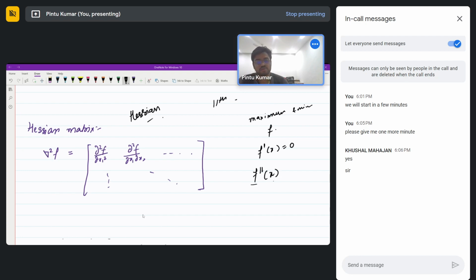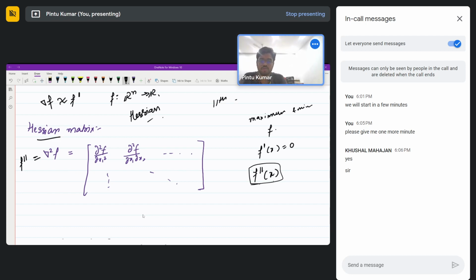So the double derivative was important in deciding whether your point is a maximum point, a minimum point, or a saddle point. The gradient of f is equivalent to the first derivative of your function if your function is from R^n to R, a multidimensional, multivariate function. Hessian is equivalent to f double dash.